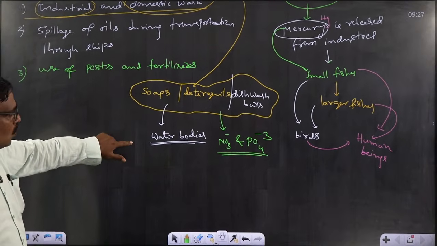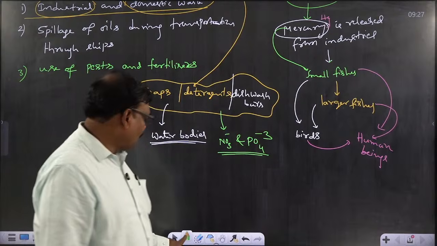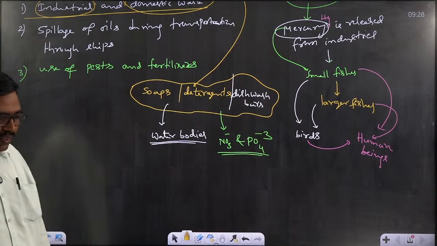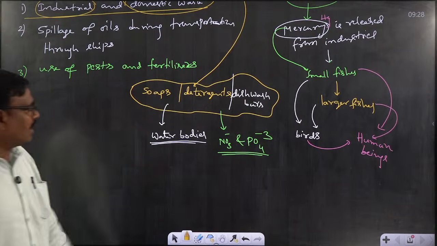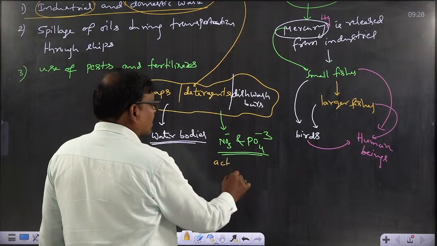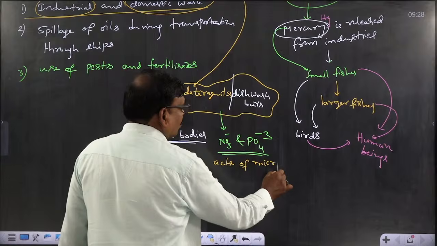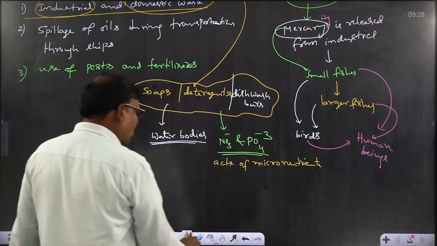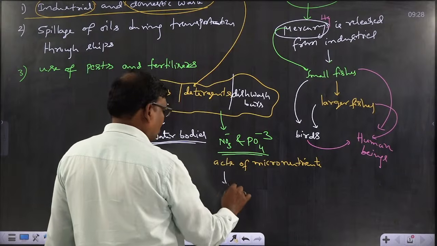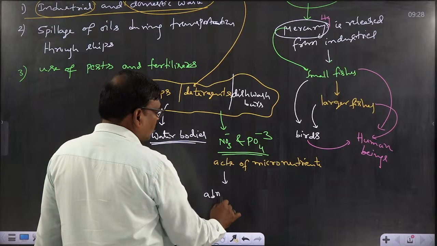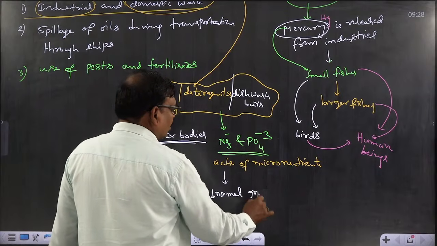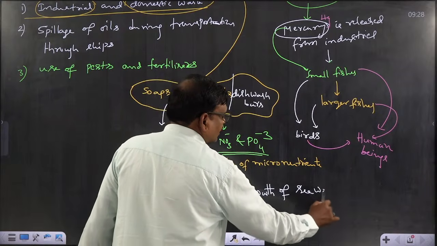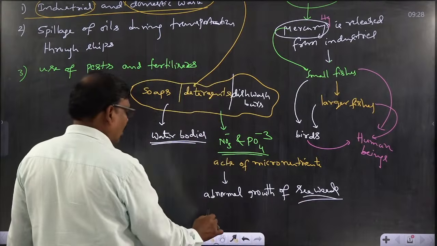for the growth of algae or seaweed. The water bodies contain algae or seaweeds. Due to the direct entry of these nitrates and phosphates, they act as nutrients. As a result, there is an abnormal growth of seaweeds and algae.